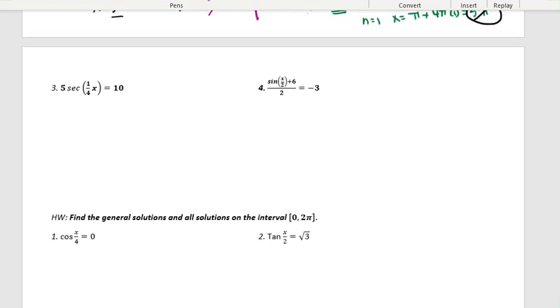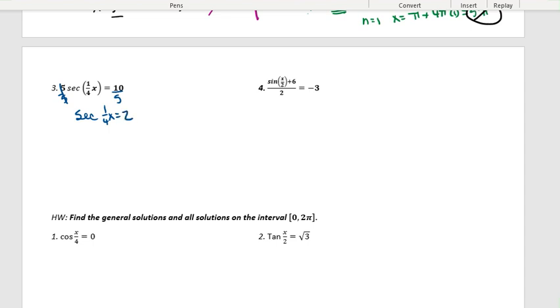This is the last one I'm going to do, so you can try some homework. I'm going to take this and solve it. I'm going to divide by 5. So I get secant of 1/4 x equals 2.